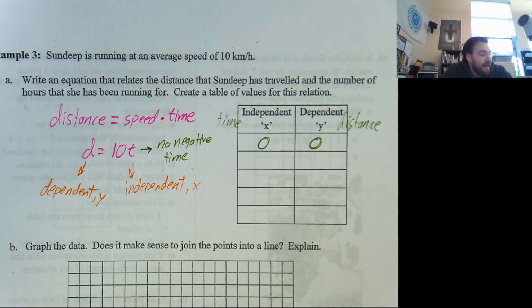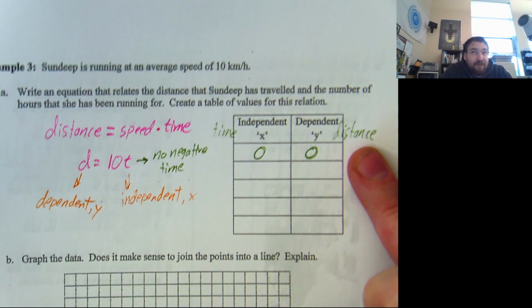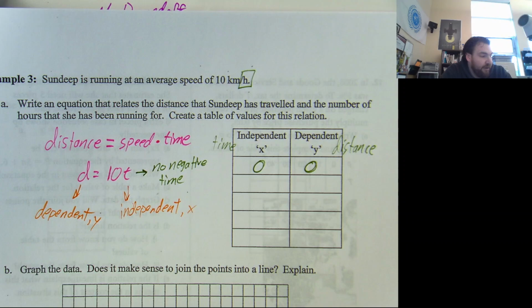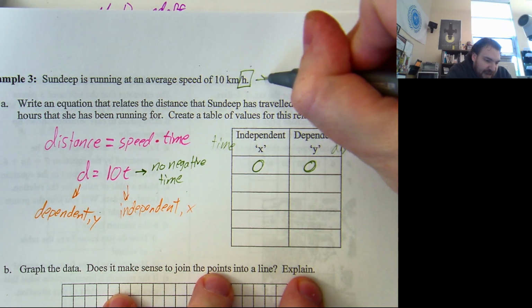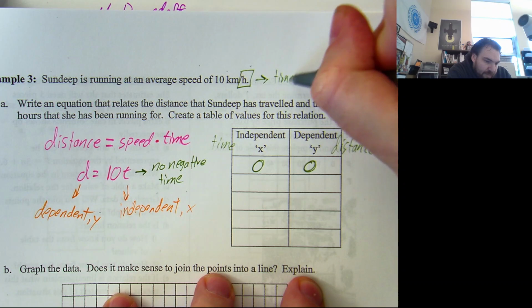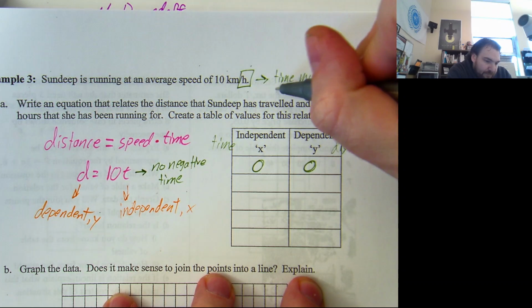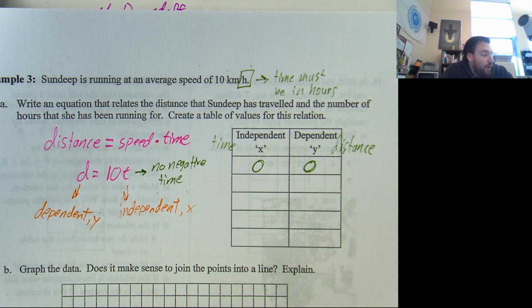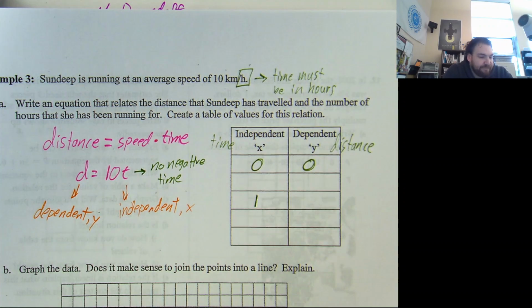What are some other smart values here to pick for time? Given that you're talking about someone running. Thank you for that example. Because the speed is given in kilometers per hour, time must be in hours. Okay, so 1 hour I'm actually going to toss down here. 1 hour makes a lot of sense.